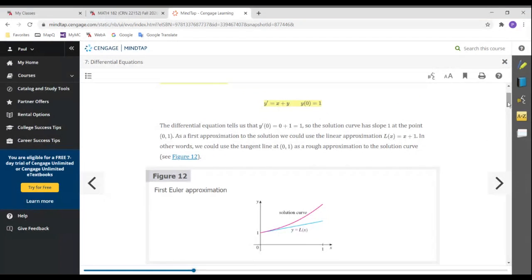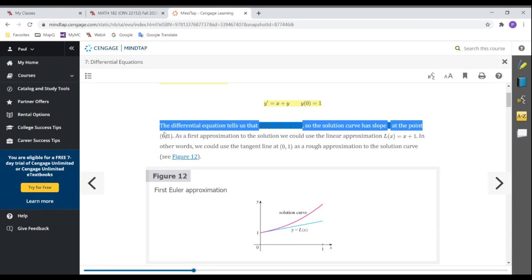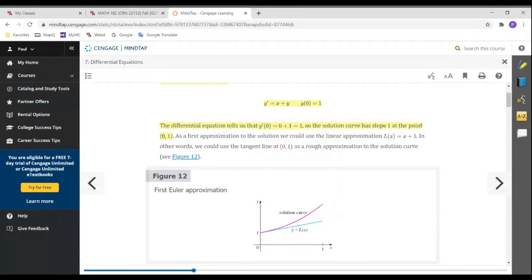The differential equation tells us that when x equals 0, y prime equals 1. So the solution curve would have to have a slope of 1 at the point (0, 1).